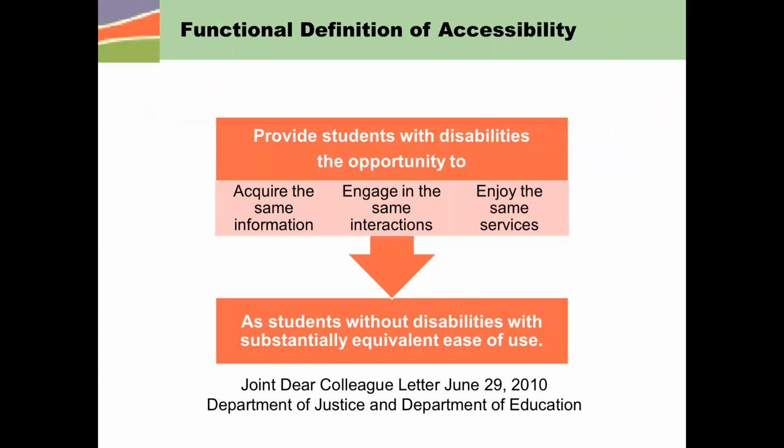So, starting again, the functional definition of accessibility is looking at providing students with disabilities with the opportunity to acquire the same information, engage in the same interaction, and enjoy the same services as students without disabilities with substantially equivalent ease of use. And as we look at that definition, we see that there are some things that perhaps we still have a long way to go on.